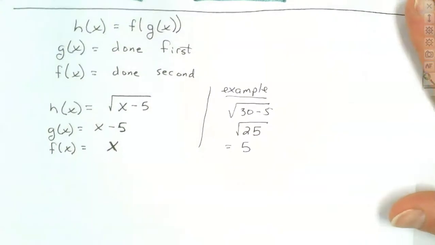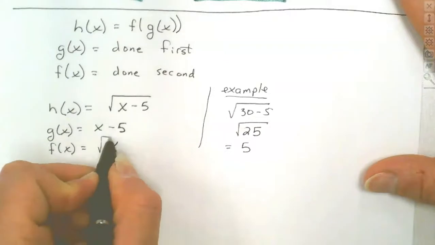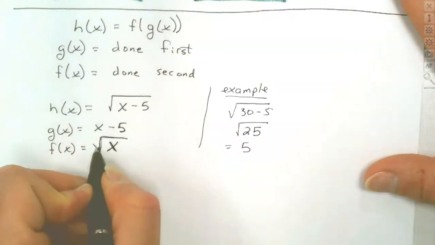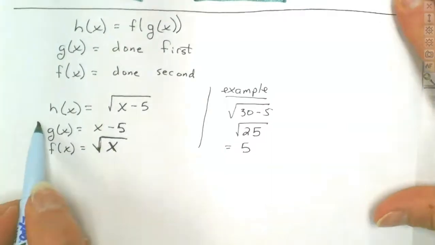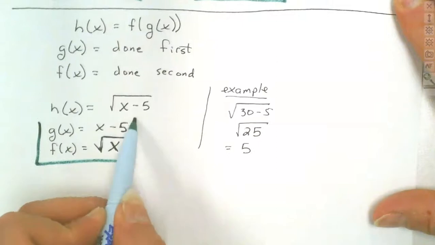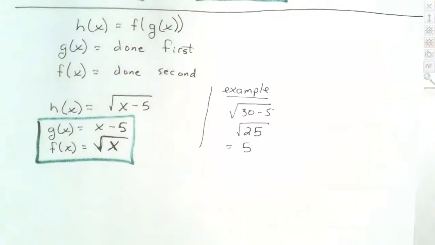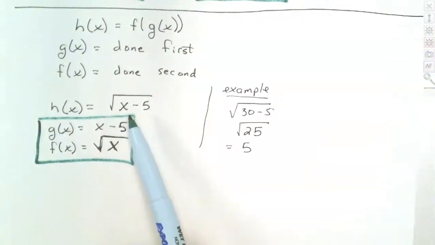So you always bring down that x. And what do we still have left to do? We still have to take the square root of x. So there's your g and your f function that could compose together to give you that.